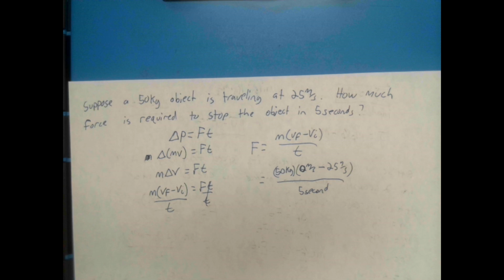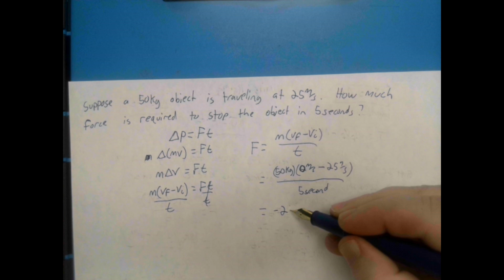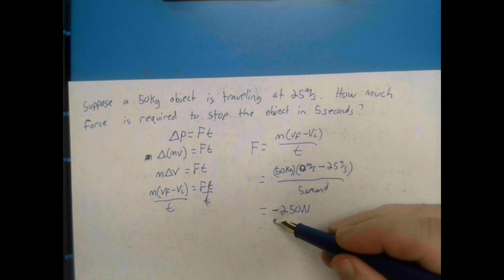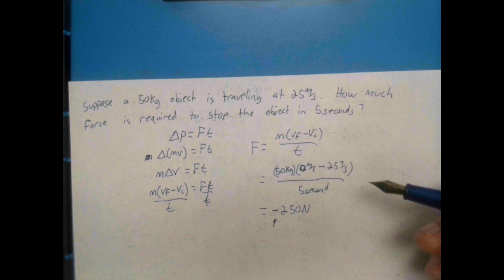And we get a total force of negative 250 newtons. This negative indicates the direction is opposite to that of the object. We're assuming that the object's initial velocity is positive. Thus, in order to make it slow down, we have to apply a negative force.